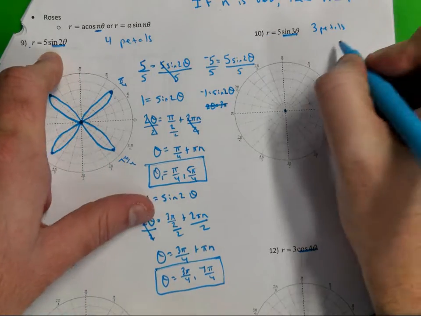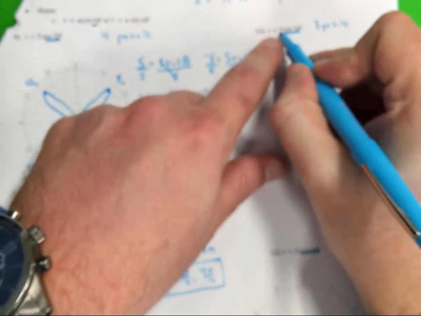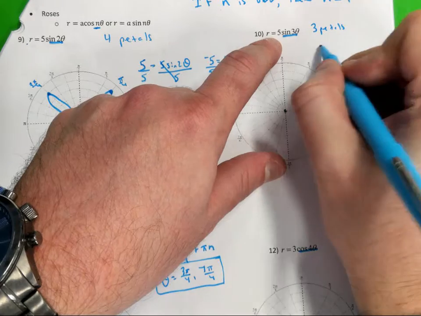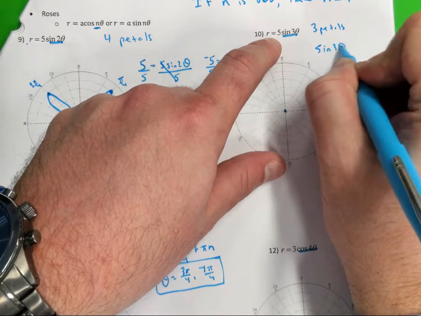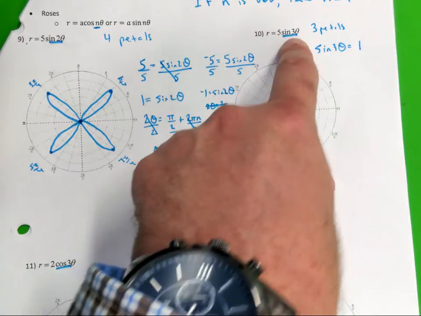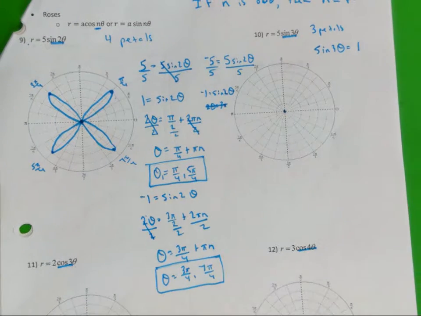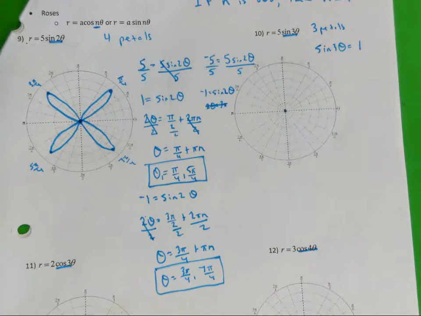So let's look here. Now when you set this equal to 1, you don't need the 5 because we took the shortcut. So you just say sine of 3 theta equals 1. Because it's odd, you don't have to do the 2 equations. You can only do the first one. Okay? Now, where does my sine value give me 1, guys? Pi over 2, okay?